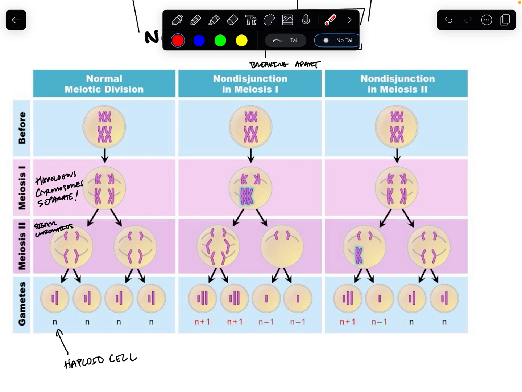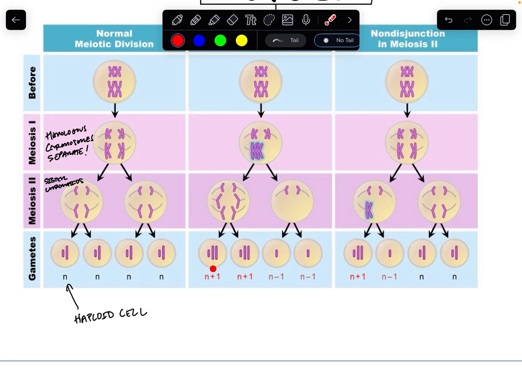So for example, if this was chromosome number 1, there would be 1, 2, 3, 4 sister chromatids in meiosis 2, and this is totally missing any sister chromatids of chromosome number 1. So ultimately, you end up with 2 of the gametes having an extra copy of chromosome number 1, and 2 of the gametes entirely missing a copy of chromosome number 1.